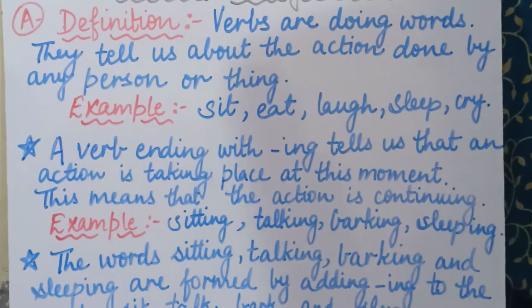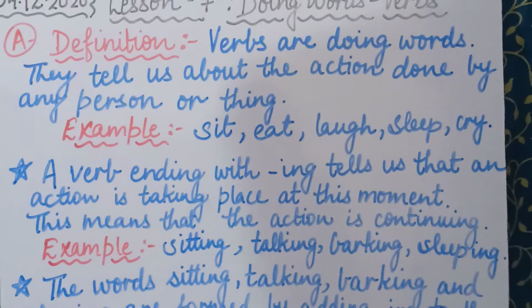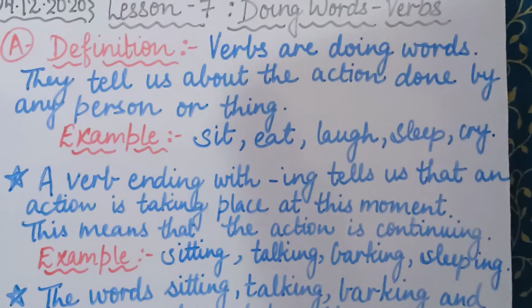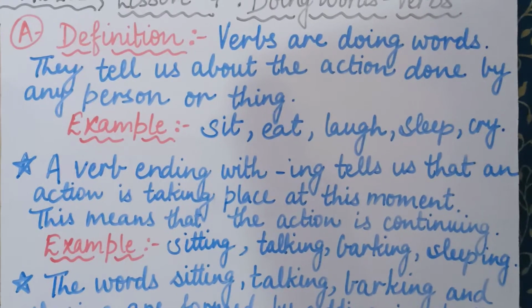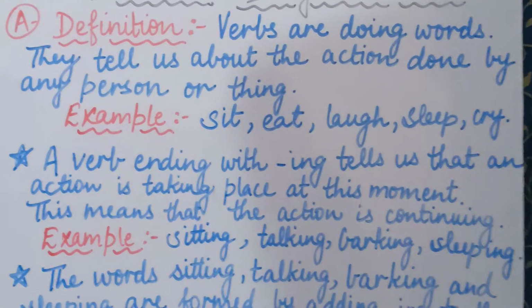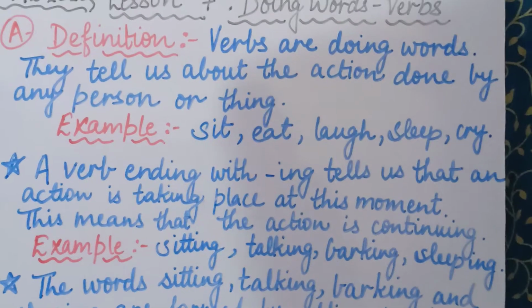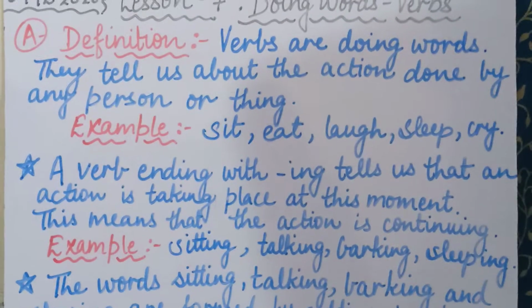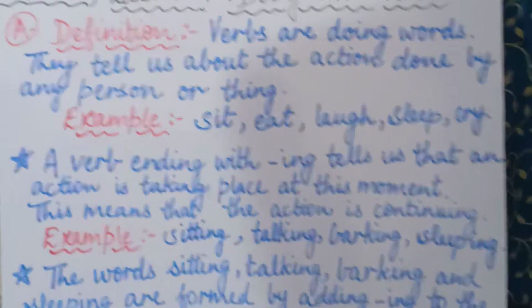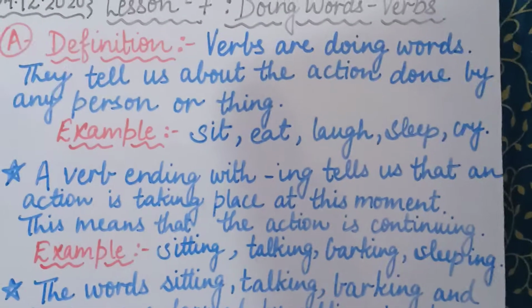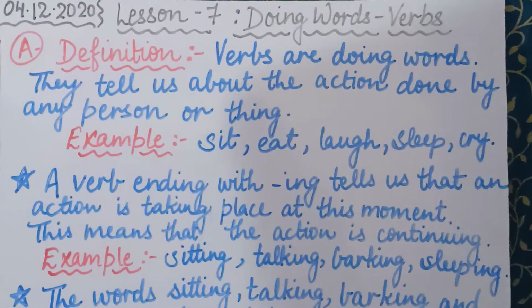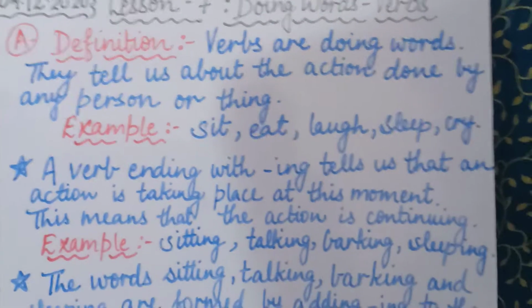Is that clear? Now, they tell us about the action done by any person or thing. Verbs क्या होते हैं? वो words जो हमें बताते हैं कि क्या एक्शन हो रहा है किसी भी पर्सन या थिंग के द्वारा. Like कोई भी पर्सन क्या कर रहा है या कोई भी थिंग से क्या चीज हो रही है, those words are known as verbs.